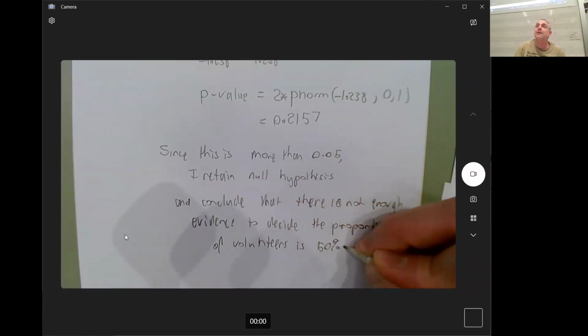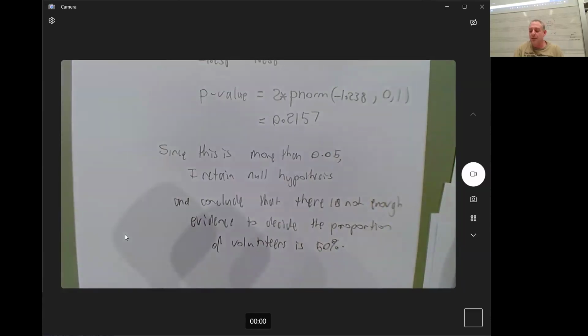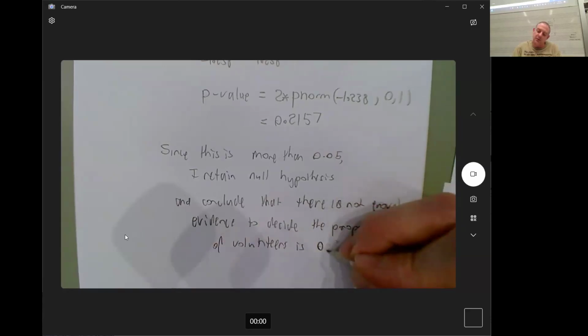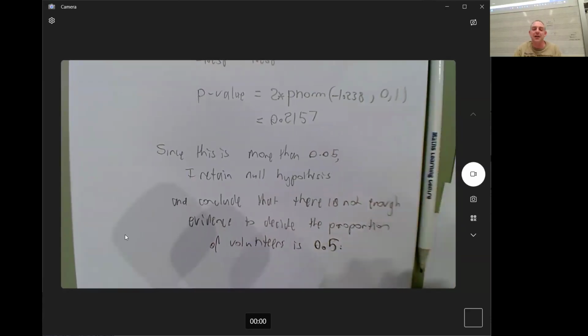I'm just going to leave it like that. Oh, crap. Proportions are technically not allowed to be written as a percentage, so 0.5. Going to leave it at that.